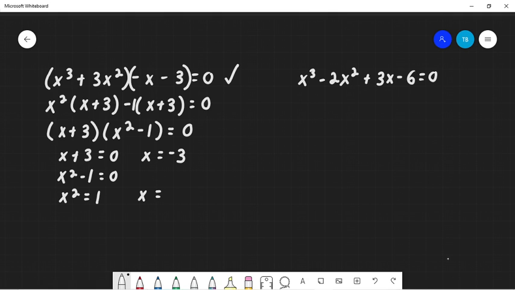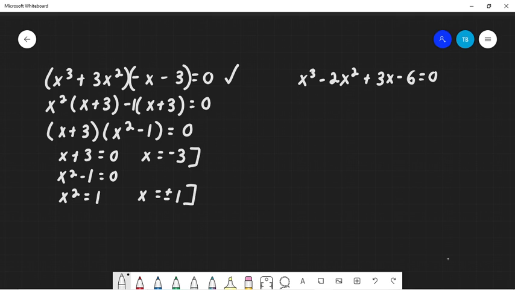If we take the square root of 1, that's going to be 1, but it will also be negative 1. So don't forget to take the negative square root as well in these cases. So we have plus or minus 1. That's two more solutions to our original equation. So our final answer here, our values for x that would satisfy the above equation, would be x is negative 3 and x is plus or minus 1.